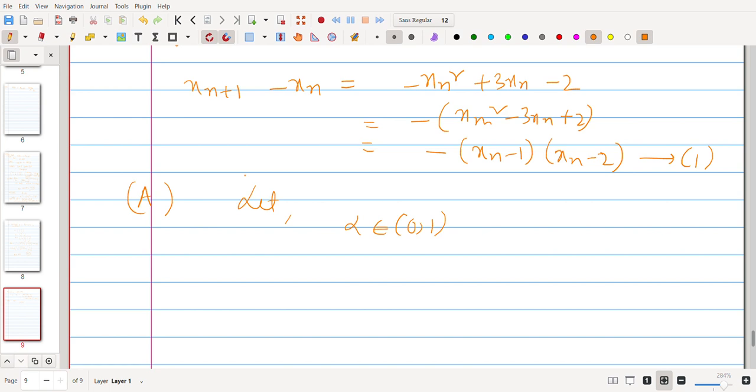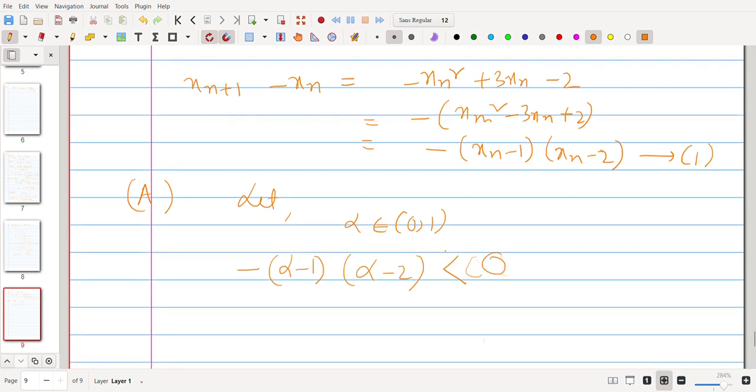Then minus (alpha minus 1)(alpha minus 2) is less than 0, obviously, because this one is negative and this one is negative. So the product is positive, but since we are taking the negative sign, this is definitely less than 0. That means x_{n+1} is less than x_n. This will imply x_n is monotonically decreasing.